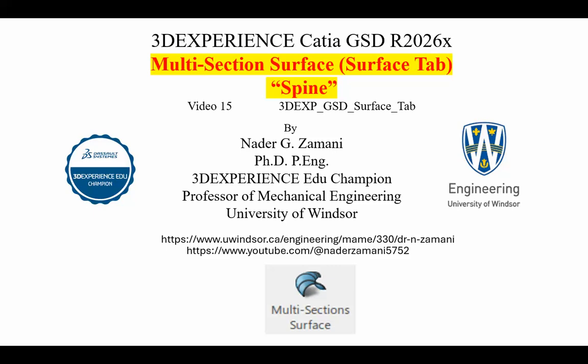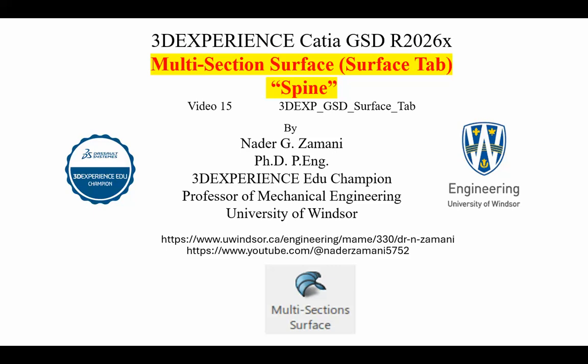Please keep in mind that multi-section surface, along with some other applications or icons in 3D Experience CATIA, such as blend and sweep, are the more complicated icons. I would like to refer to them as some advanced functionalities.